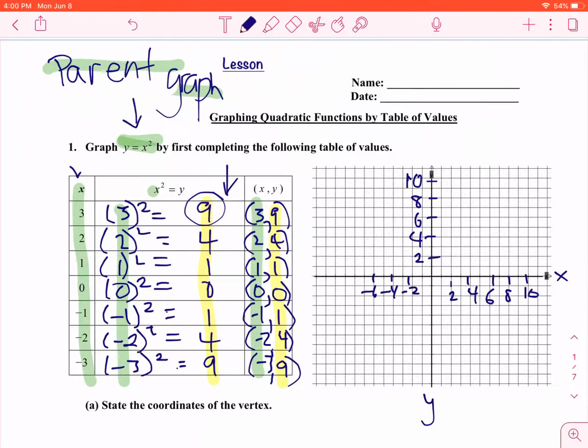And remember, whenever you graph, you always have to label your axes, right? I need to know where you're following your axes grid, depending on if you're going up by 1s, by 2s, and so forth.